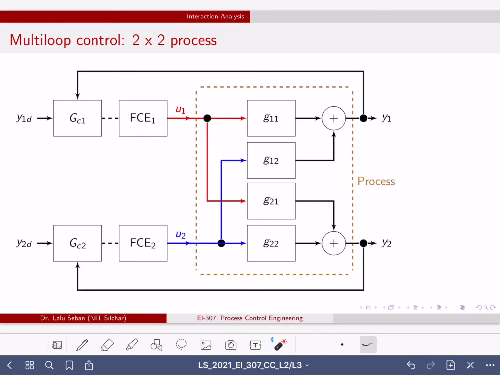The effect of u1 on y2 through g21 is undesired. We want to change y2 by manipulating u2 only. Similarly, the effect of u2 through g12 on y1 is an undesired effect when we are going for diagonal pairing. If this undesired effect is more, then our selected diagonal pairing will fail.